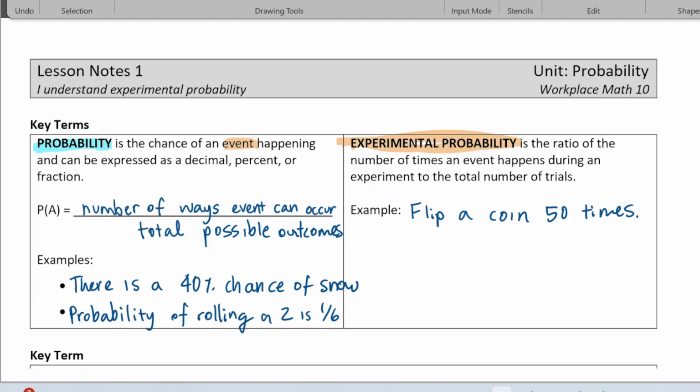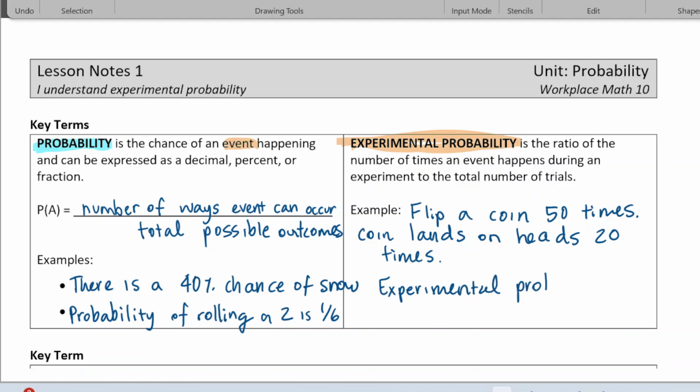Maybe the coin lands on heads 20 times. So we say the experimental probability of getting heads, maybe a little bit lower than expected, is 20 out of 50, because the heads showed up 20 times out of 50 possible.